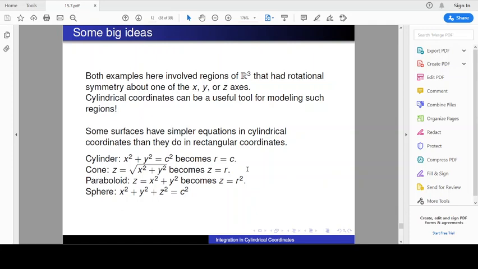And last but not least, maybe we'll talk about a sphere, which we've seen: x squared plus y squared plus z squared equals c squared. This is a sphere centered at the origin of radius c, right? So it has rotational symmetry about all of the axes. So you can model this one with cylindrical coordinates in any of the 3 ways of modeling with cylindrical coordinates.